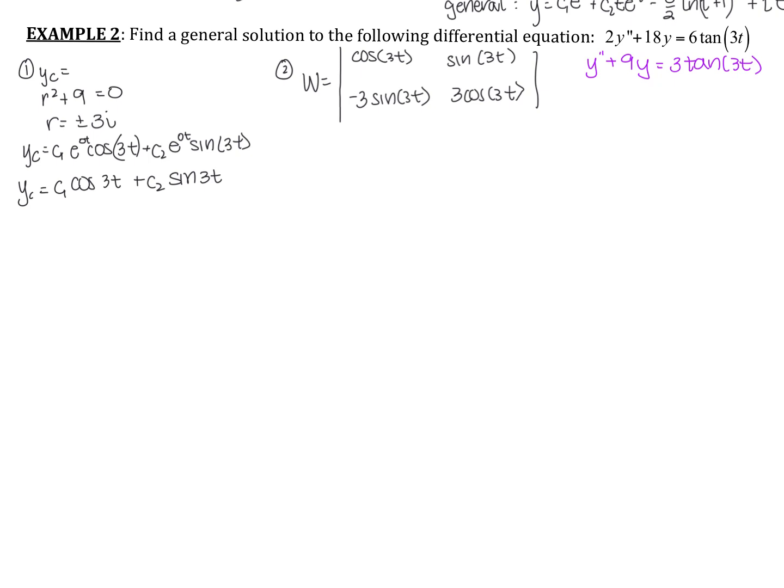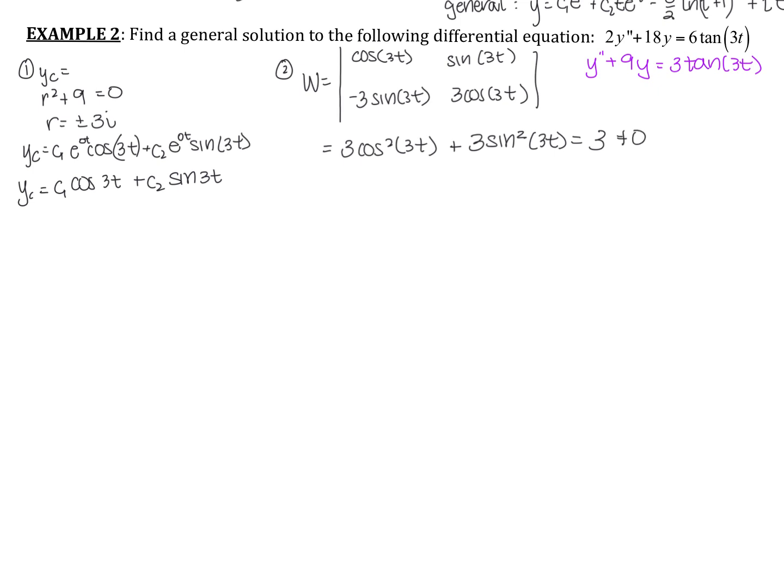And we'll do the work here. I would end up with 3 cosine squared of 3t plus 3 sine squared of 3t, which means this result is 3, and of course 3 is not 0, so we're good there.